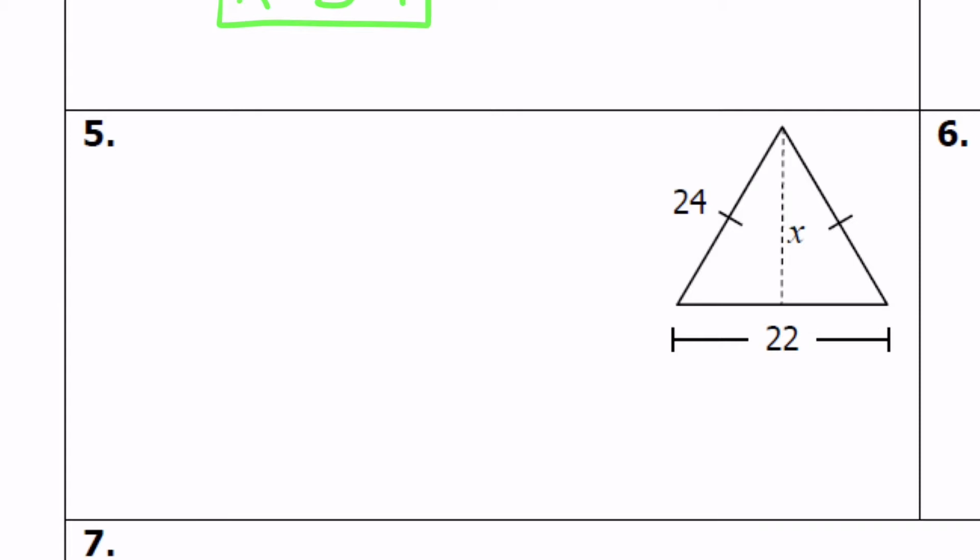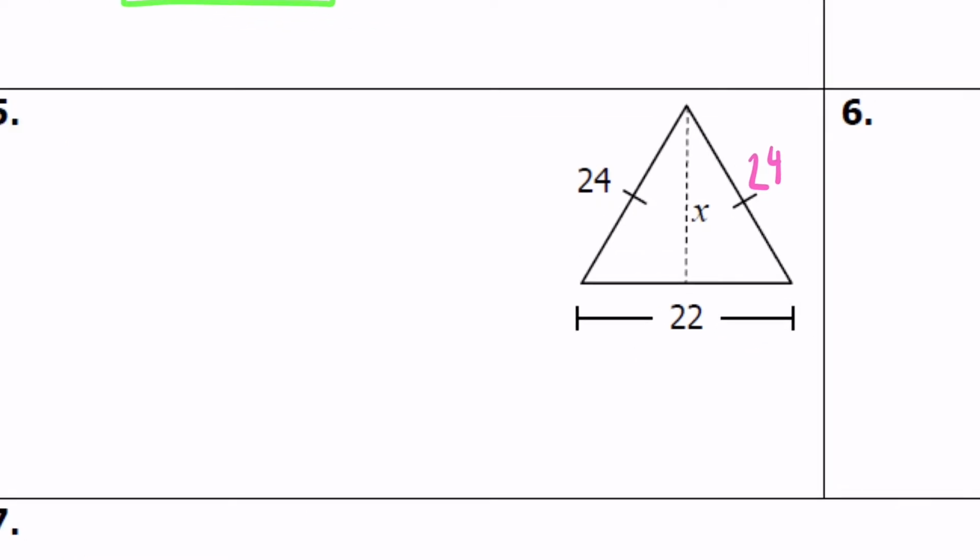So that means this side is also 24. When I have this isosceles triangle and this line going down the middle, it cuts this bottom side directly in half, making these congruent. When I cut 22 in half, both of these sides, my tick marks, actually make an 11.